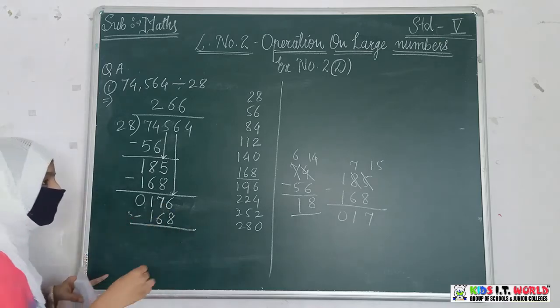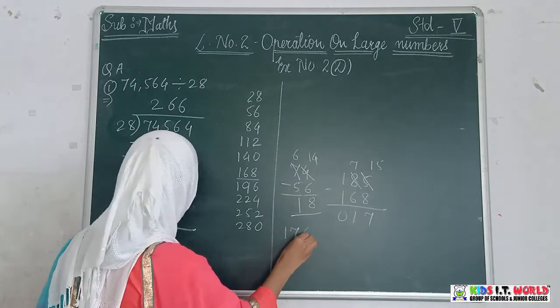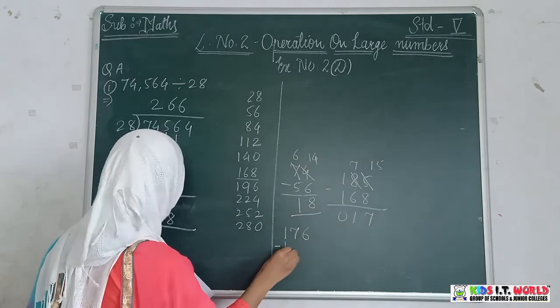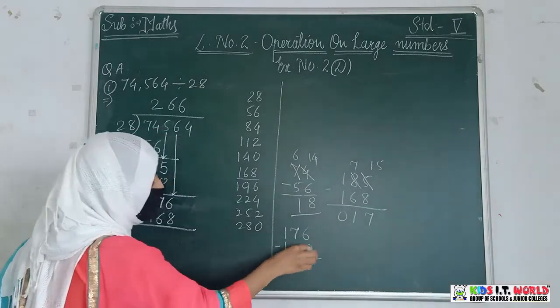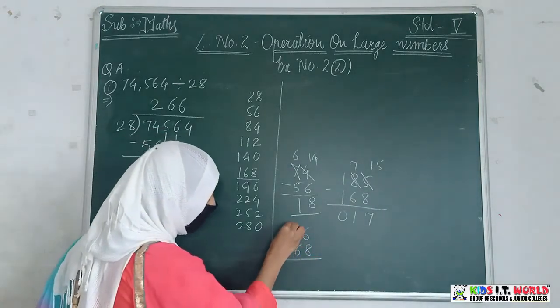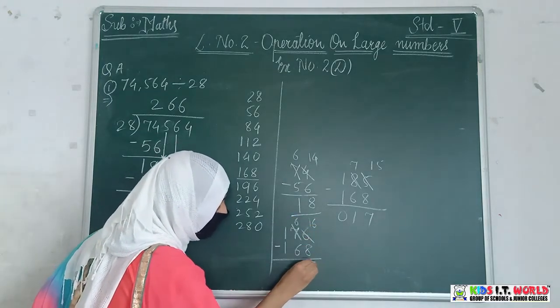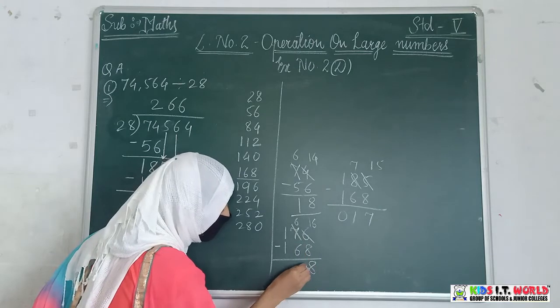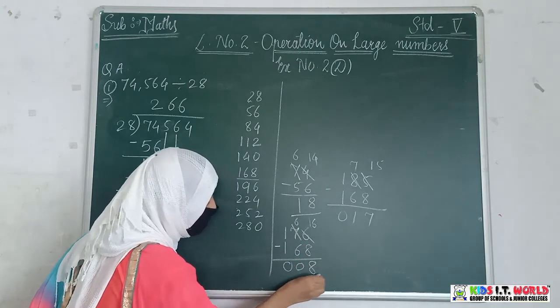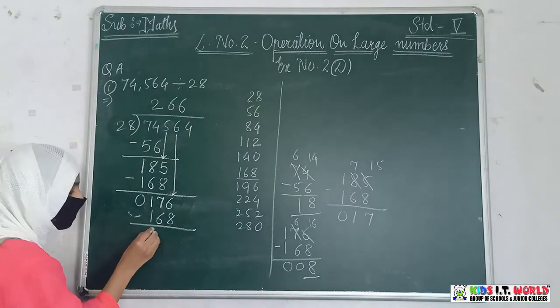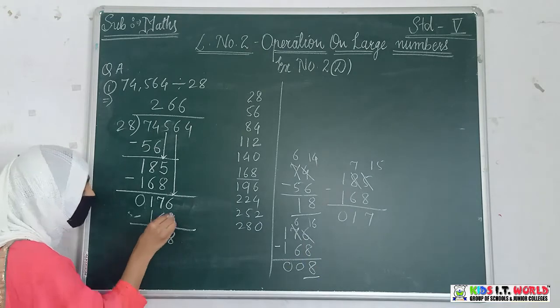Now do the subtraction in the rough work. So it is 176 subtracted with 168. 6 minus 8 not possible, so we will borrow from the other number. So it will be 16. 16 minus 8 is 8. 6 minus 6 is 0. 1 minus 1 is 0. So remainder is 8. So write it 0, 0, 8.